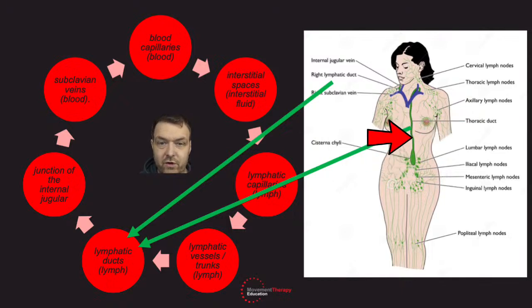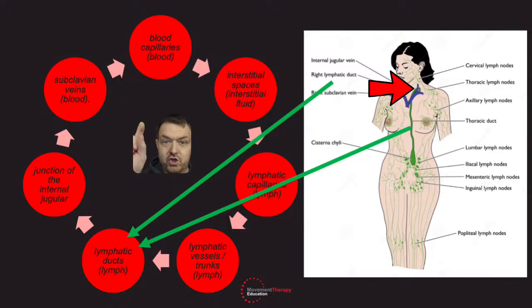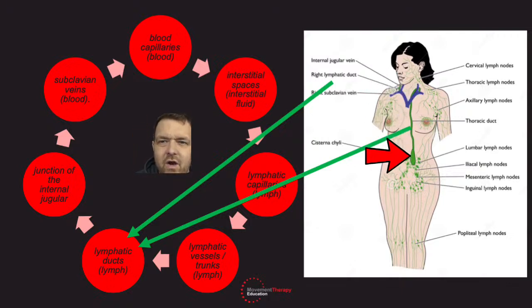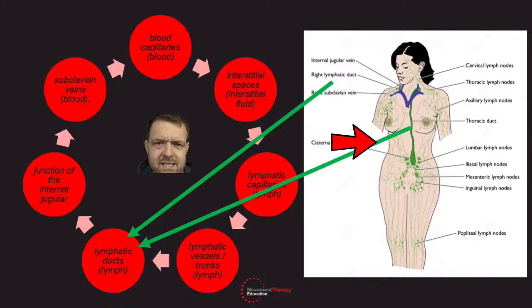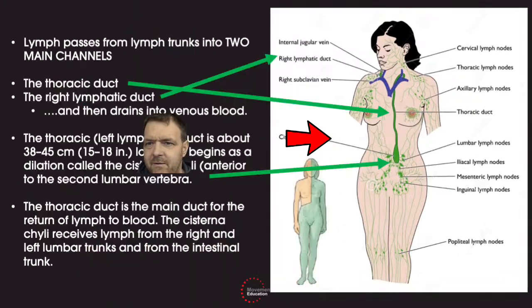So this will travel through your diaphragm, up along your spinal column, and then it will deposit all of your lower body lymph into this left jugular subclavian join. Okay, so where they join together, and hopefully that makes a bit more sense now, because like I said, we did cover it last time, but very, very briefly.